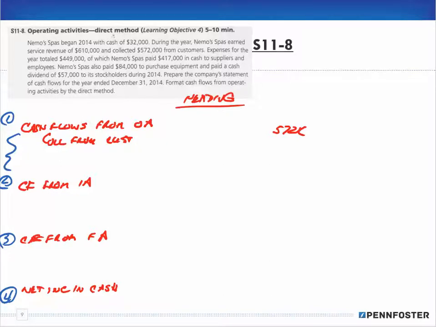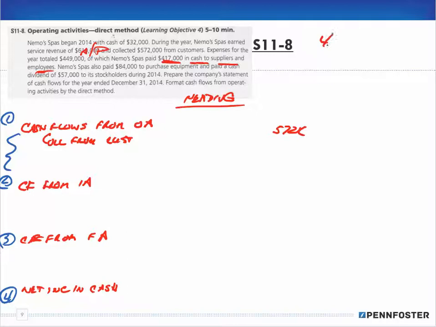Right, so that deals with our revenue section, and now expenses for the year totaled $449,000, okay, of which Nemo paid $417,000 in cash to suppliers and employees. And so the rest is accounts payable, right?